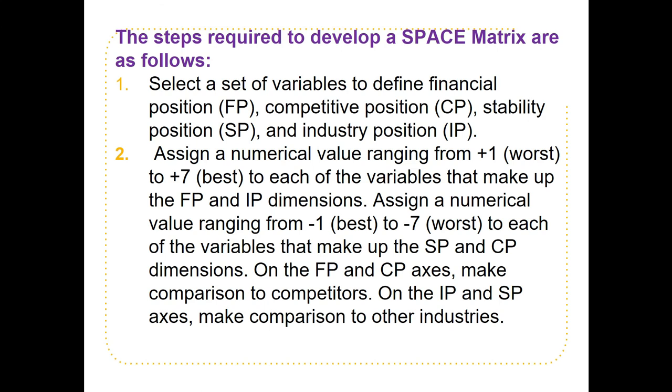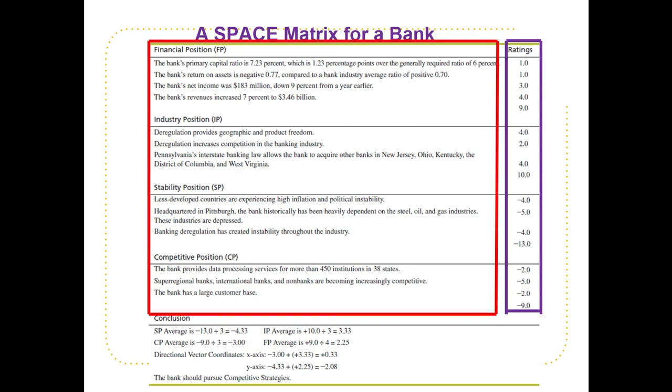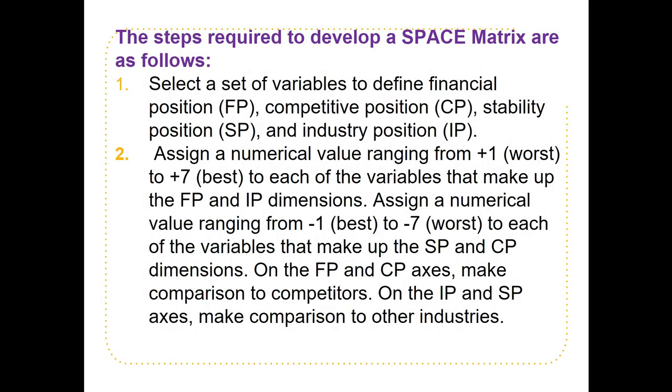In your SP and CP, sorry, negative 1 as the best and negative 7 as the worst. Again, FP and CP axis, you compare with competitors. In IP and SP, you compare with other industries.